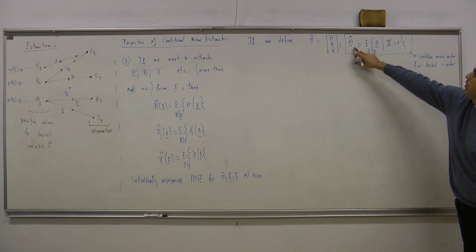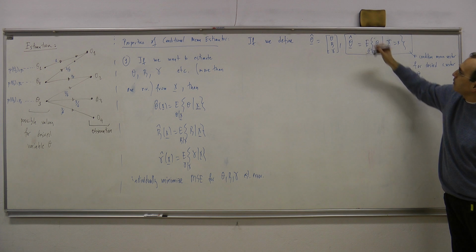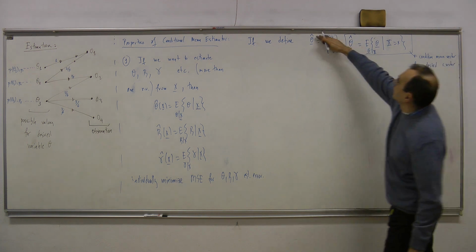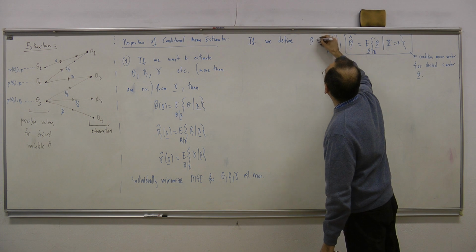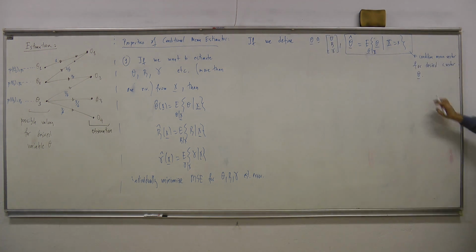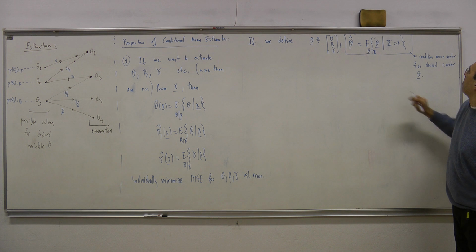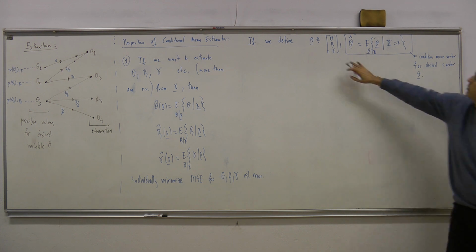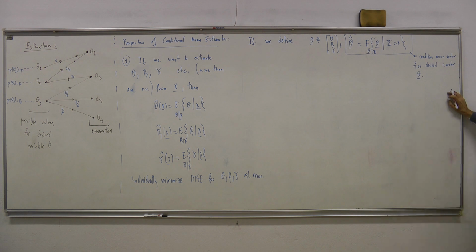Then I denote that result as my estimate for this vector. Let me define this as theta vector. Then this becomes my estimate, the theta estimate according to the conditional mean operation.